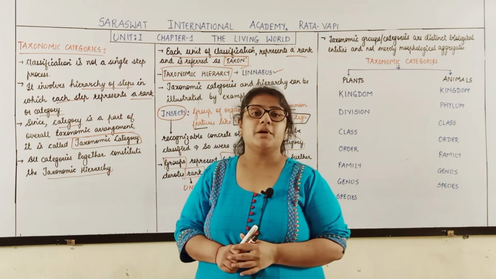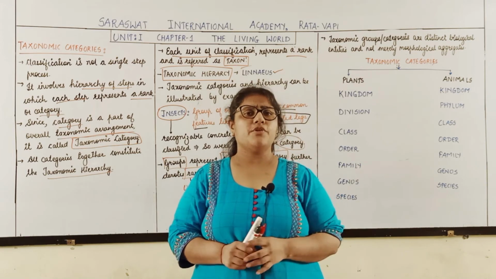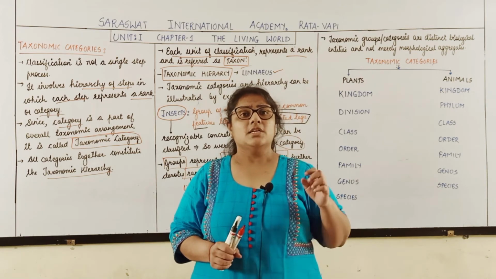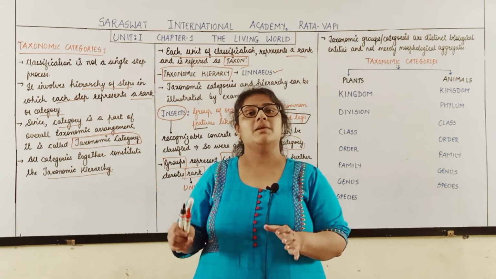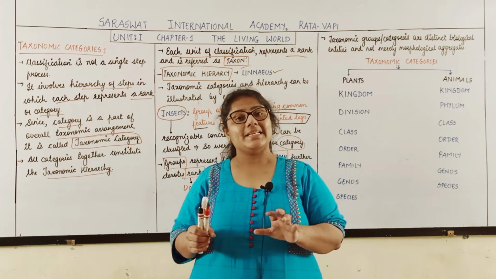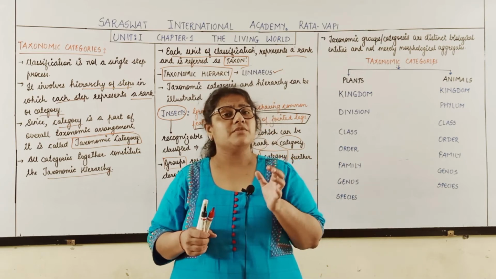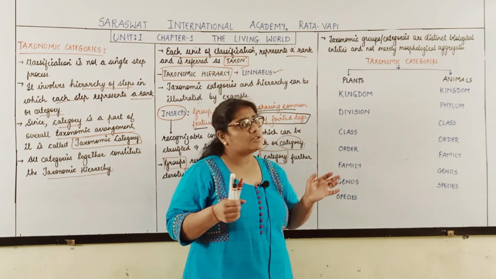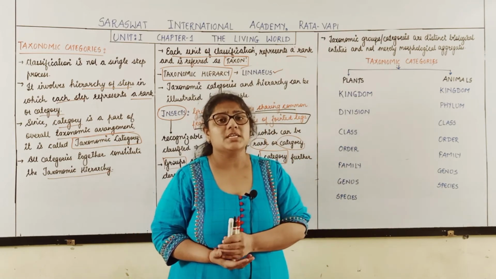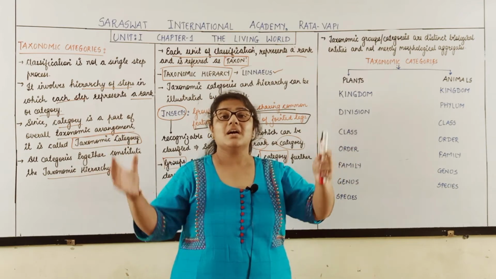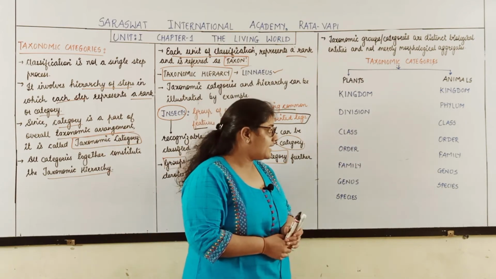It includes a distinct biological entity. Say for example, mammals. Mammals is not only human beings, but all the organisms with mammary glands and other features. So basically it is not only a group of morphological aggregate, but a complete biological entity.